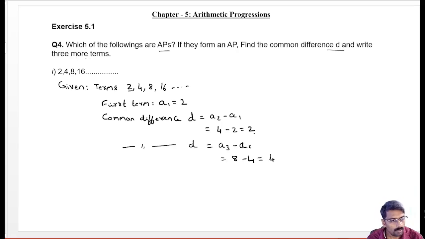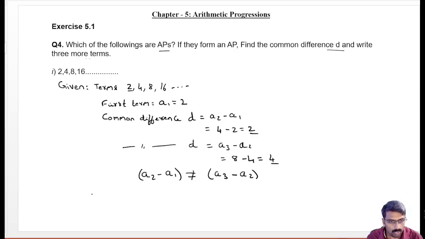So if we observe here, the common difference is not equal. A2 minus A1 is not equal to A3 minus A2.